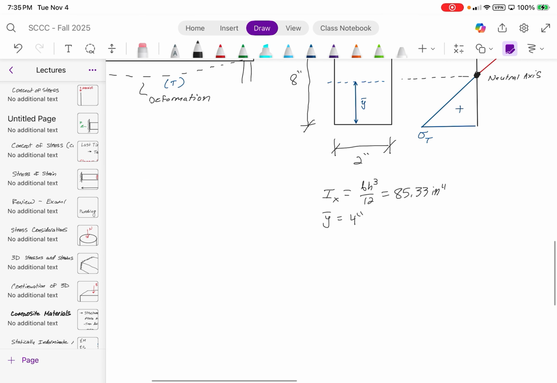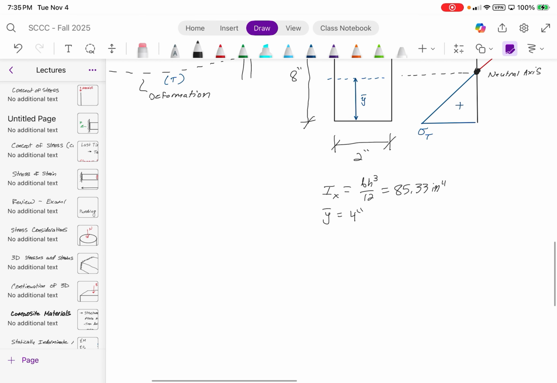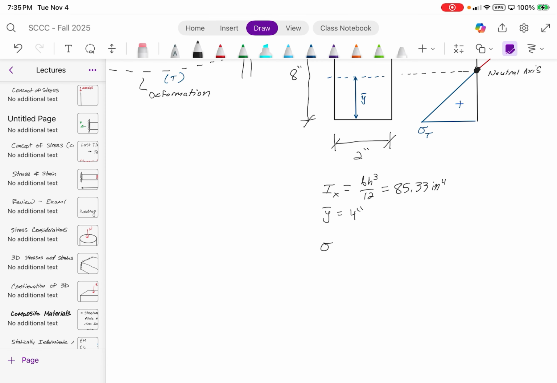But what you guys do need to know is the bending stress, where the stress felt in the beam is equal to M times Y divided by I.